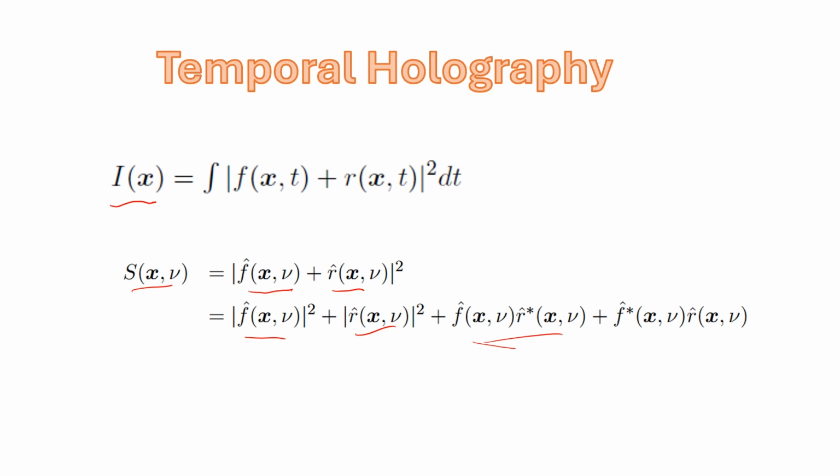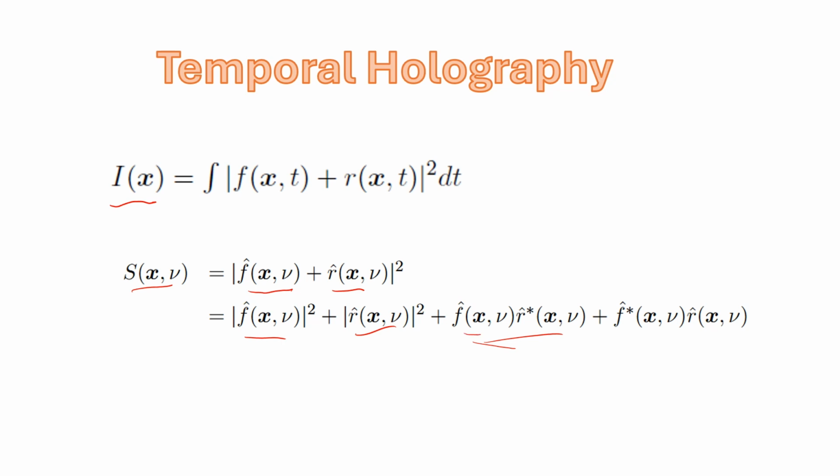And if we know the coherent spectrum of the unknown signal, then we can reconstruct the signal itself. So ideally, the reference signal, this R, would be a delta function, so that its Fourier transform would be a very broad signal, but with some kind of frequency modulation.